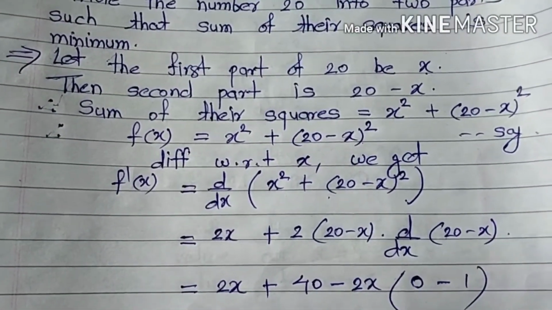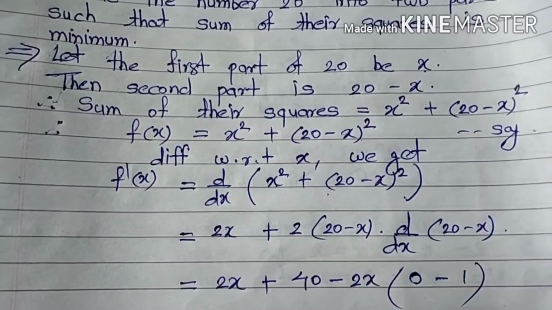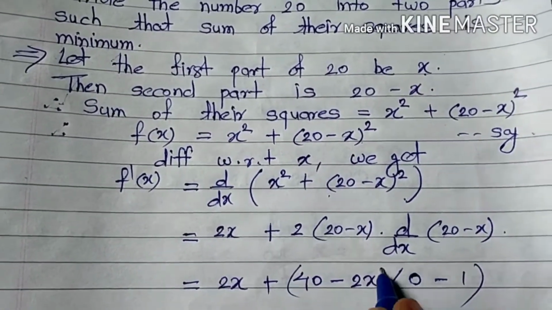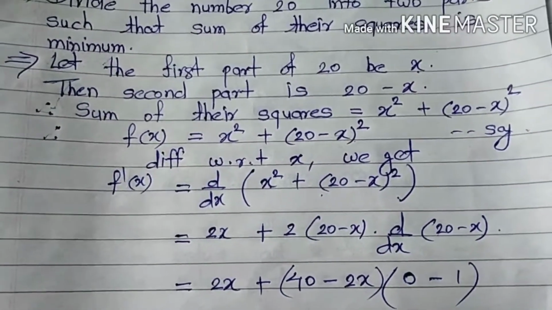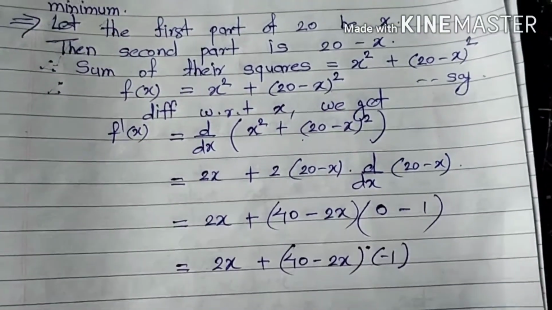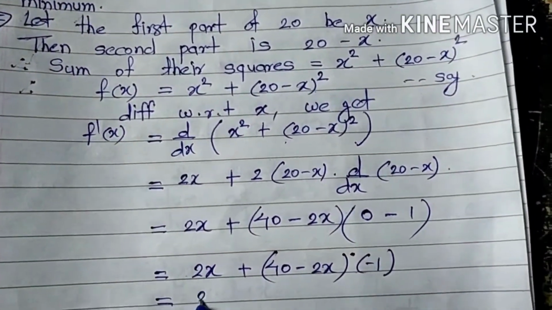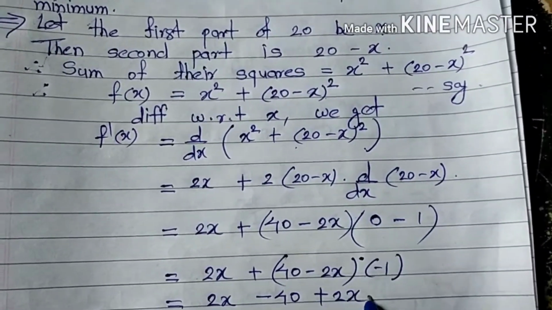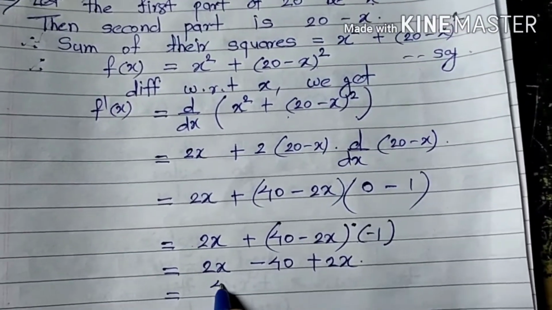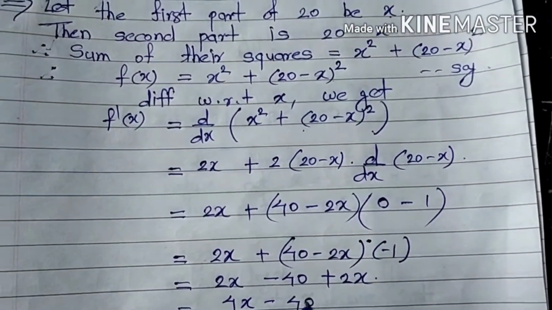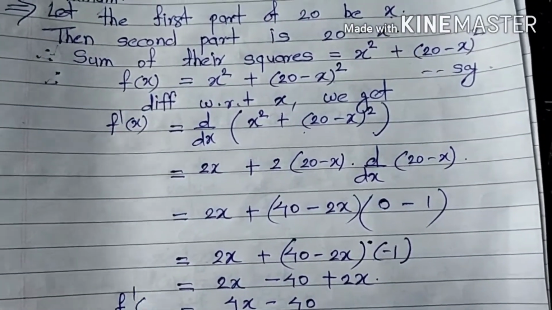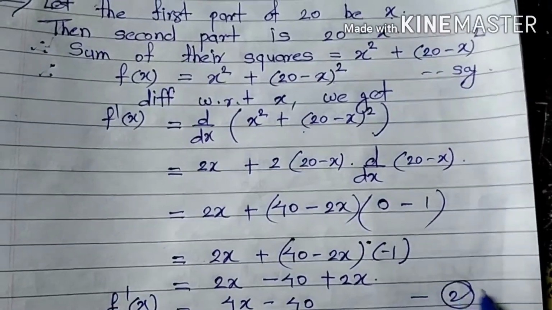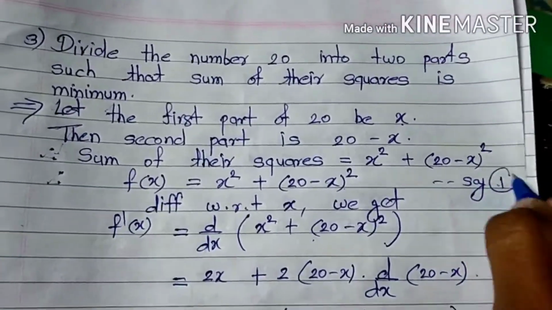So it will become 2x plus 40 minus 2x, this into minus 1. So it will become 2x minus 40 plus 2x. 2x plus 2x, 4x minus 40. This is f dash of x. Give it equation 2. And this is equation first.